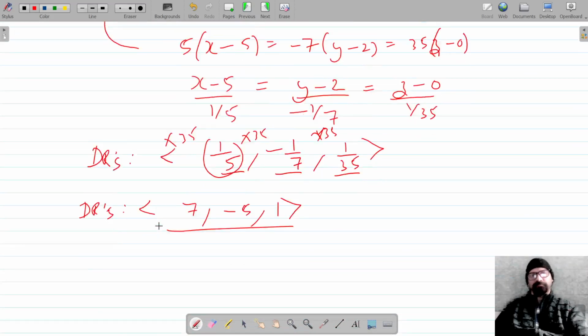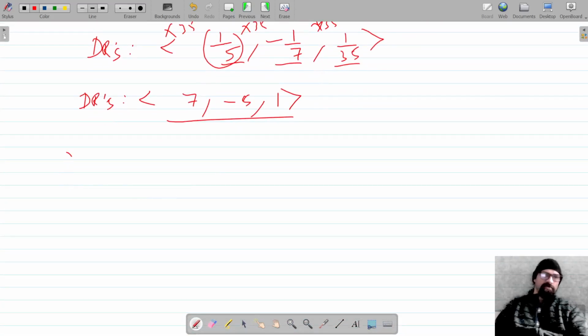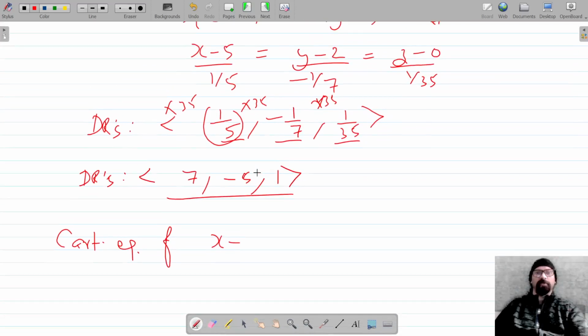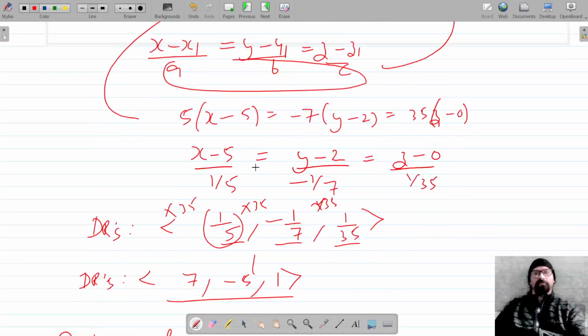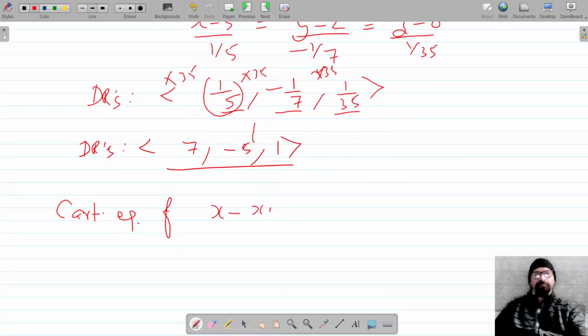Now to get the Cartesian equation, the Cartesian equation of a line will be given by x minus x1 by a is equal to y minus y1 by b is equal to z minus z1 by c.